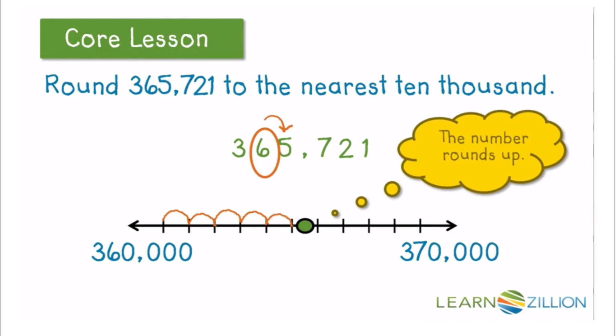The number rounds up because it's pretty much right in the middle, and if it's at our midpoint and above, it rounds up. So it would round to 370,000. Notice the 6 turned into a 7, and all the other digits turned into a 0.